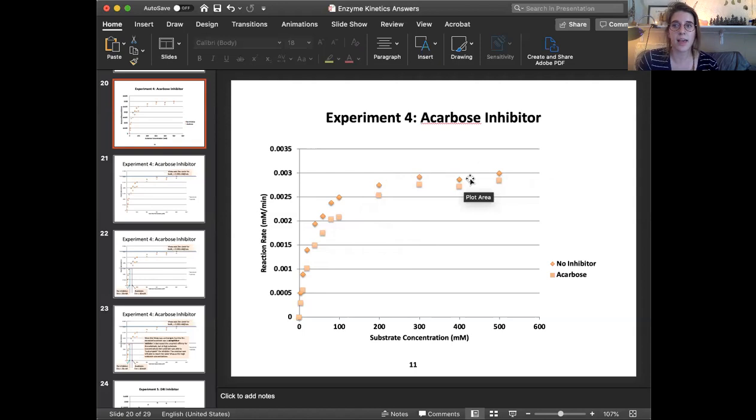And the reason why that is competitive is because, remember, if we want to keep the same Vmax with competitive inhibition, we can just flood with more substrate, and then the rules of chance will just dictate, okay, cool, then that's the amount of substrate that will be processed. So we add more substrate, and then we retain about the same Vmax. So that's a good indicator of competitive inhibition.